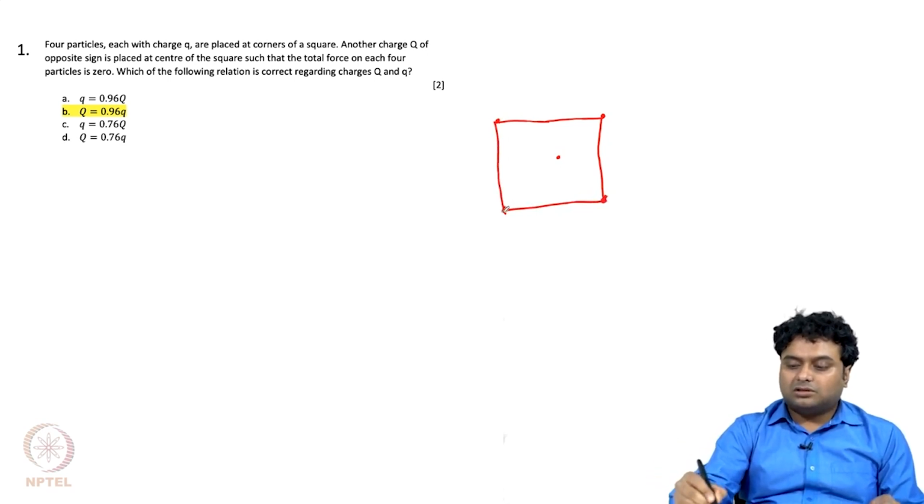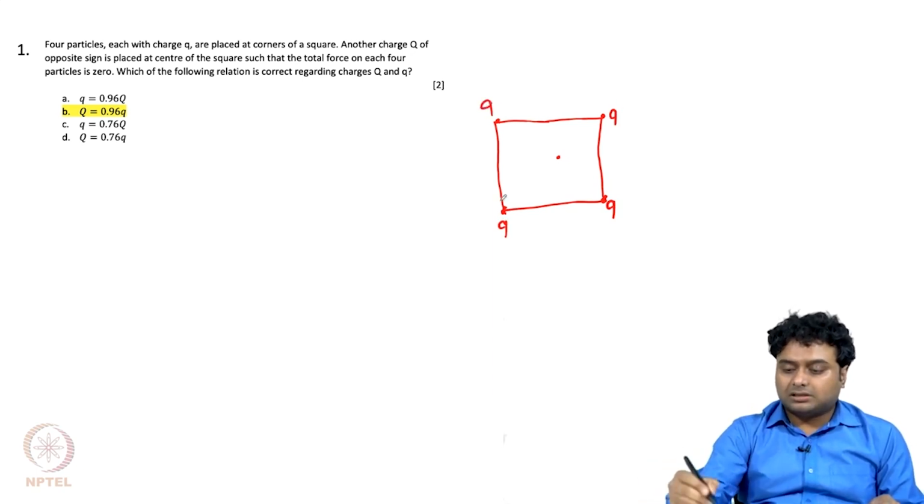Now these small q charges all are of the same type, right? So they will repel each other. So let us assume any one charge, like this charge, and this charge is repelled by this. Okay, let us name these corners A, B, C, D.